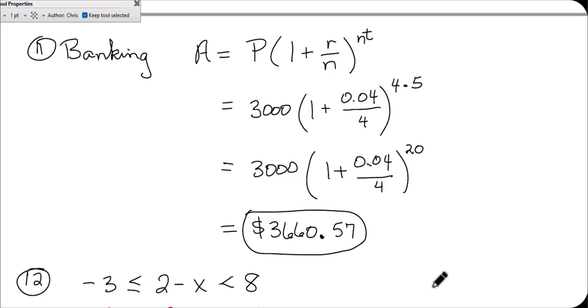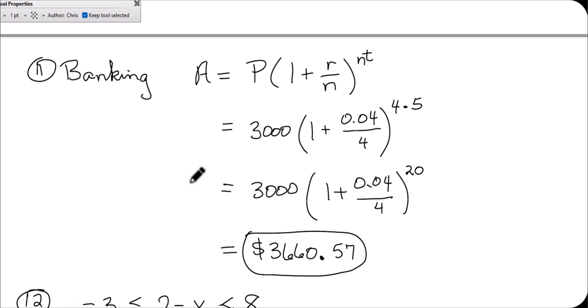Banking. All right, so banking. My formula is A equals principal times (1 plus r over n) to the power nt. N appears there as well, and t. T is for time, how long it's in the bank. N is the number of compounding periods.